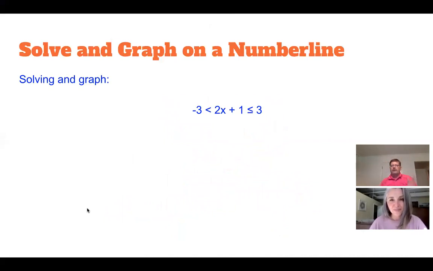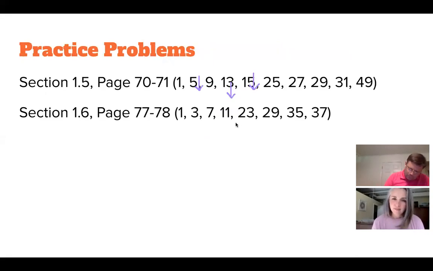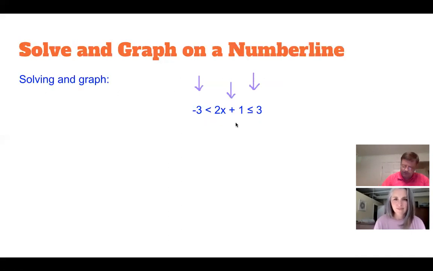What if we got a three-headed inequality? Well, what was the rule with an equation? What thou doeth unto one side of the equation, thou must doeth unto the other. Well, this has three sides. We're going to extend it: whatever I do to one side, I have to do to all sides. So I'm going to subtract 1, and subtract 1, and subtract 1.